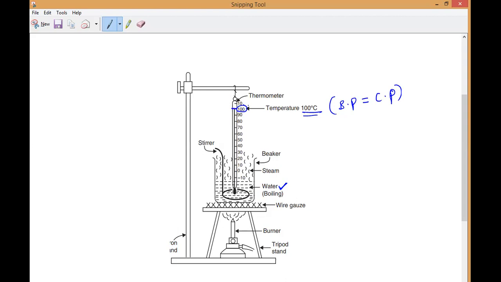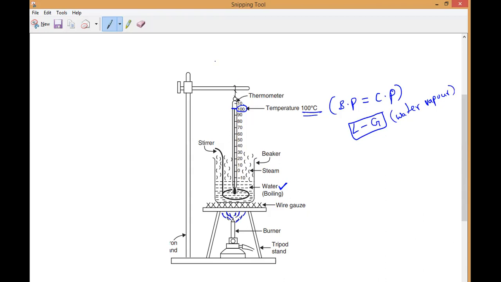That is where the liquid water will convert into the gaseous state, which we can call water vapor or steam. Now if you notice, I'm continuously providing heat. Once the temperature reaches 100 degrees Celsius, I keep on providing heat.